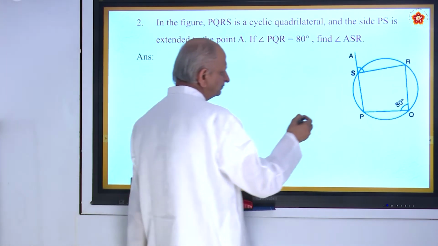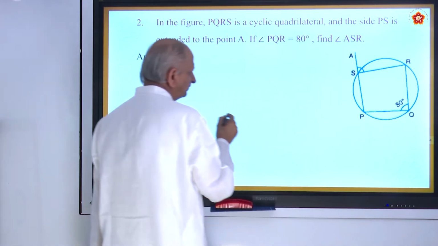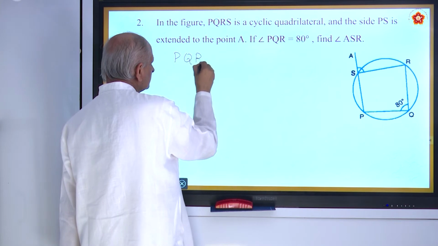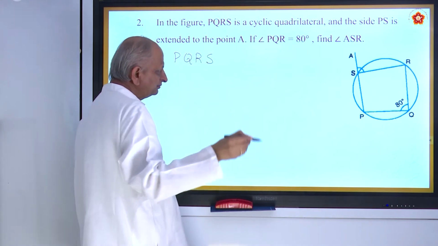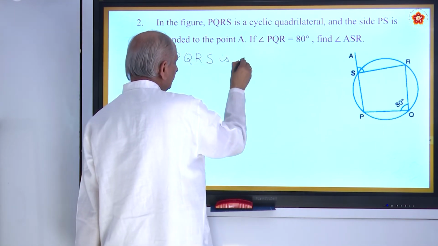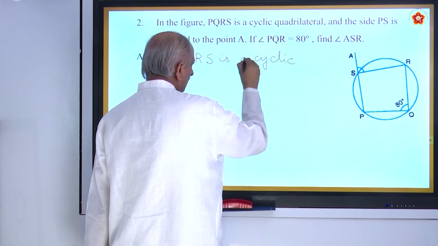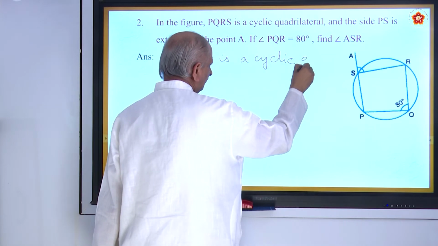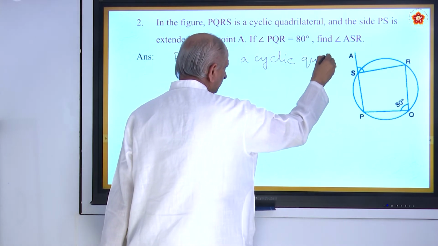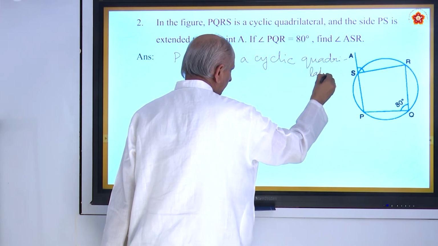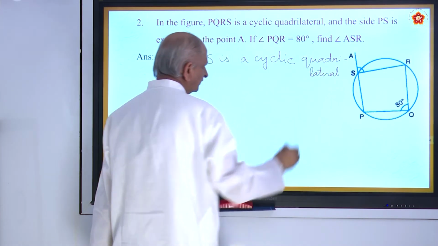So here we must write first point. PQRS is a cyclic quadrilateral. Means what? All the points of the quadrilateral lie on the same circle.